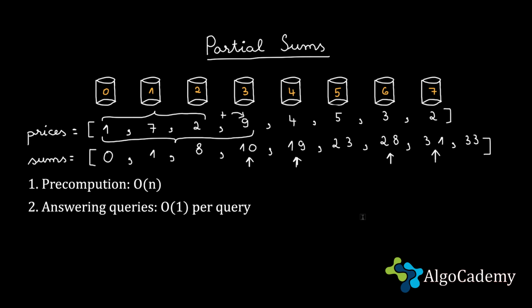Then definitely you are going to use the partial sums, right? There's no way of answering 100,000 of those queries by just iterating through 1 million numbers or stuff like that, right?